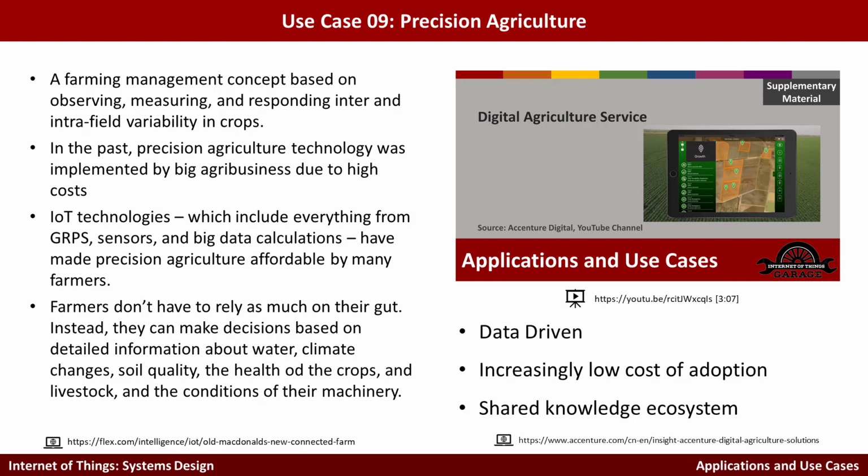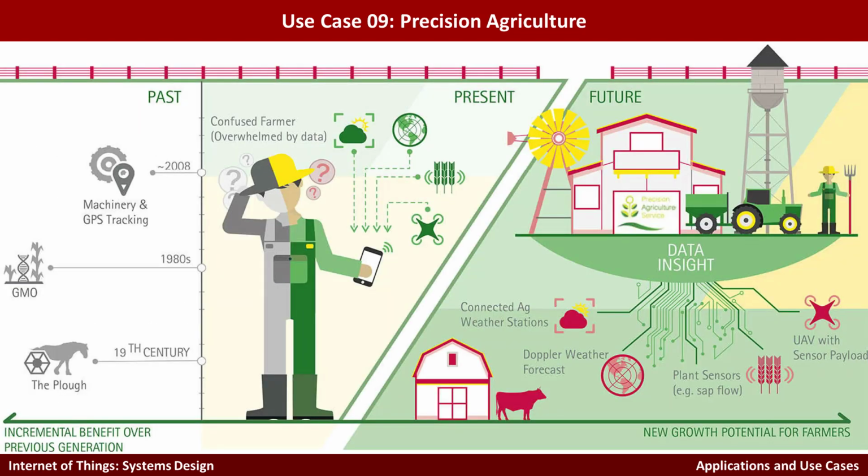It is not like you can deploy one or a couple of sensors and start looking at the data and make decisions. If you're doing it in a data-driven way, you need a lot of data, and a lot of data means you need to deploy a lot of hardware, which is a cost for a small business. But because of IoT technology, the reduction in hardware cost and open source software, precision agriculture is becoming increasingly low cost and available for small farmers as well.